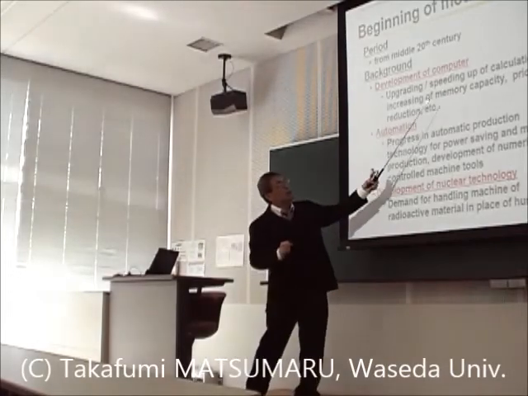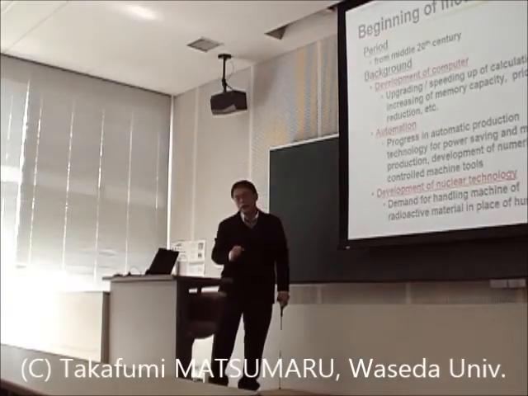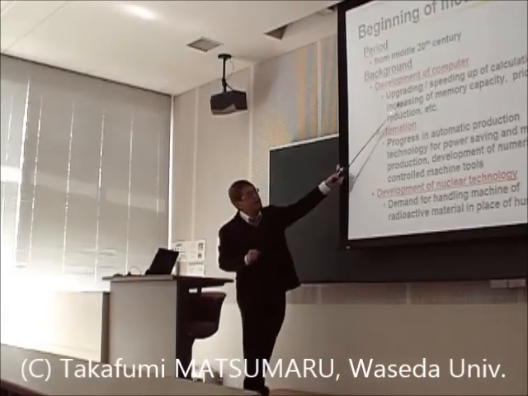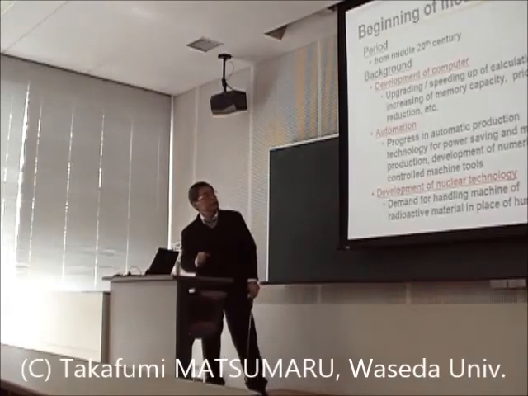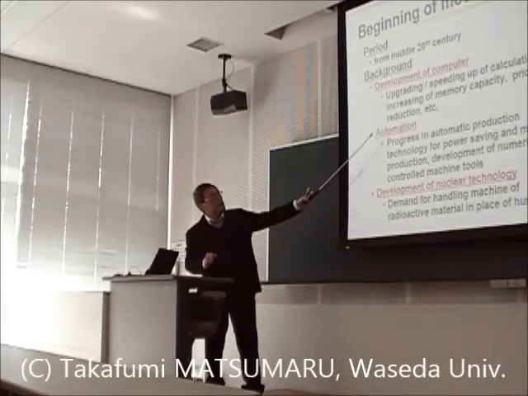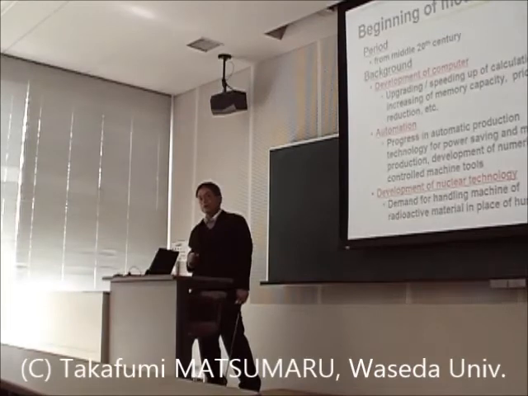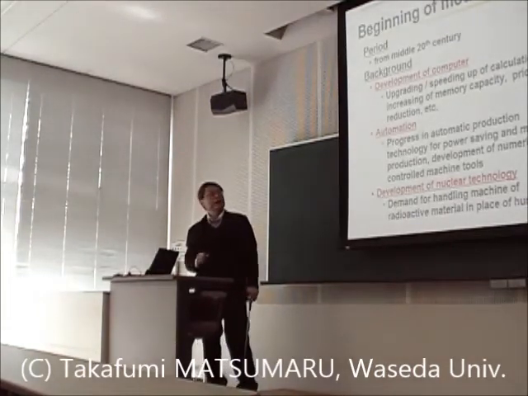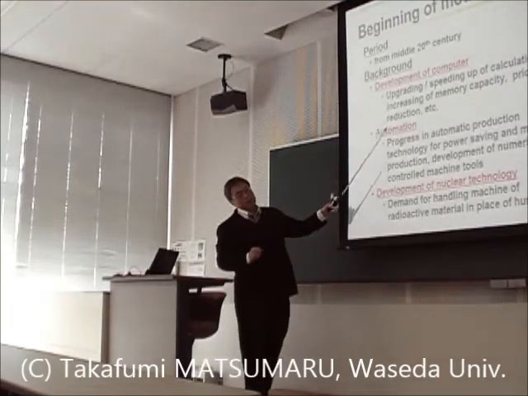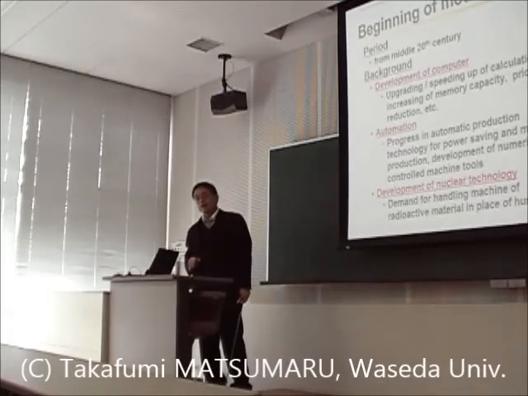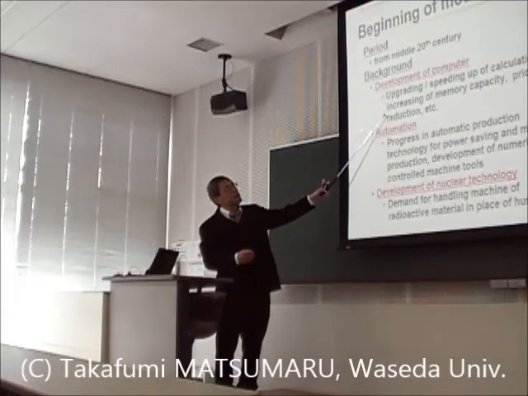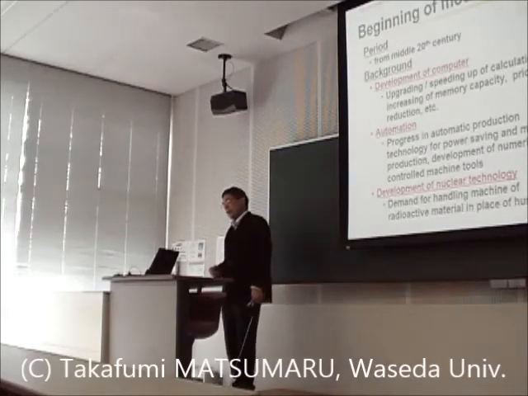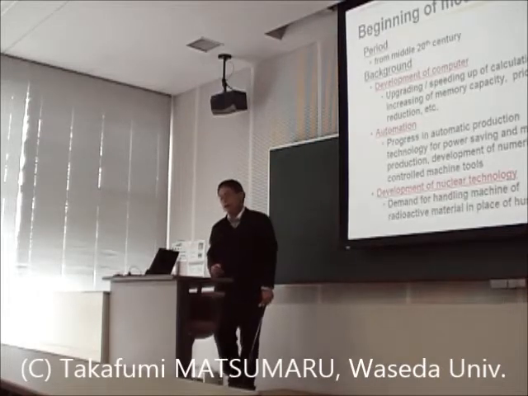The upgrading, speeding up of calculations using large amount of memories, and these memory chips cost become decreased. Price reduction is also important. So we can use the computer easier. So therefore the robot is controlled by using the computer. So therefore the computer technology development is very, very important asset of the robot usage.